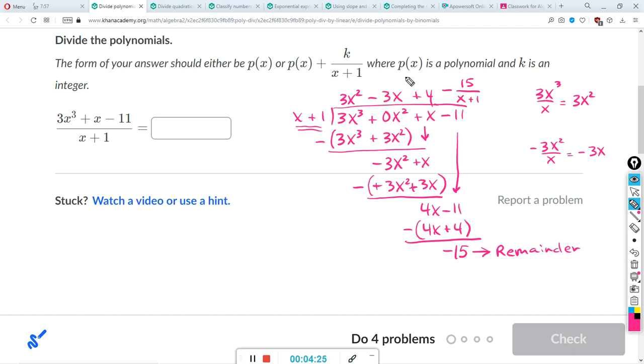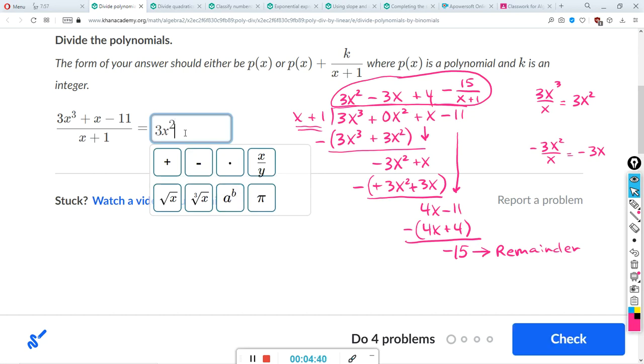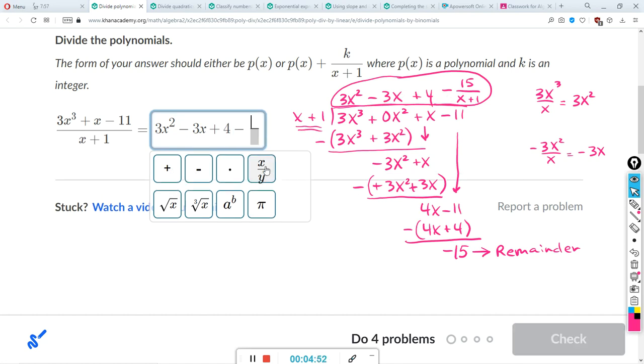All right, and this whole thing is your answer. You have to be careful when you enter it. So we have 3x squared, 3x, hit the exponent button, squared, click it again, minus 3x, plus 4, and then minus, and use the fraction, 15, click on the bottom, x plus 1.